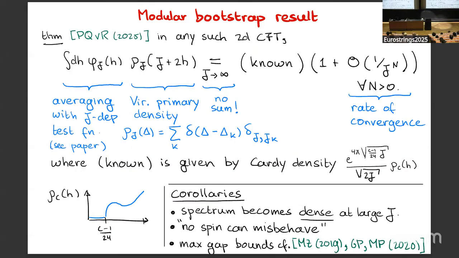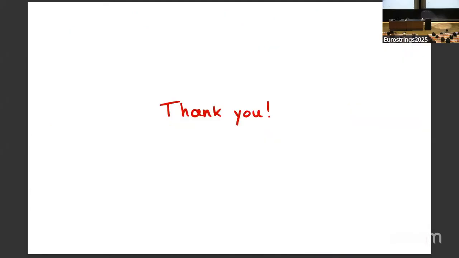So for the modular bootstrap, in this paper with Friedrich and Yashin and me, we have a proper theorem, and you see here the Virasoro primary density averaged with some J-dependent test function in the large J limit, no sum is known. And there is also something about the rate of convergence. So that's the main result of the modular bootstrap that we have, and we have some corollaries that I'm not going to talk about. So let me stop here. Thank you very much.